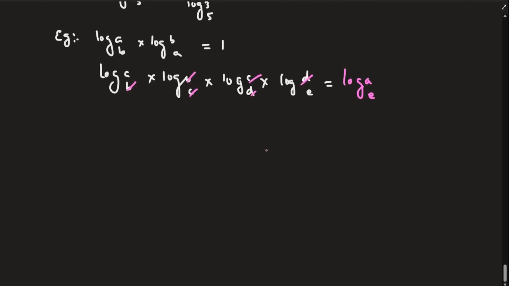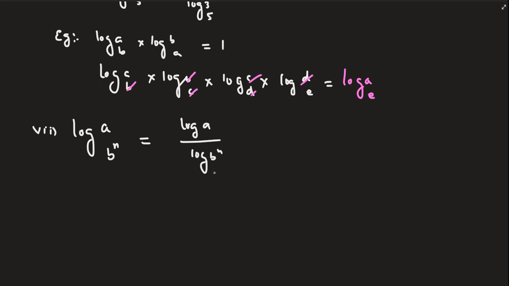Property 6 done. Now coming to the next property, property 7. Log a base b to the power n. Now by using the base change formula, we can write log a, and here log of b to the power n.